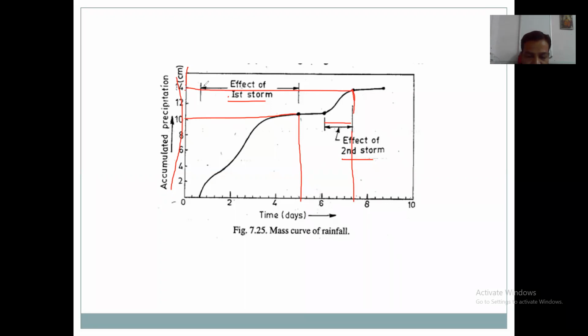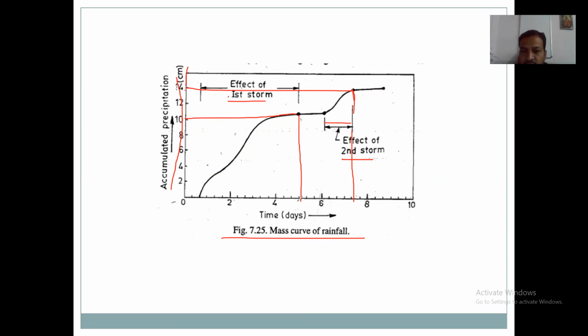The depth of rainfall is 14 centimeter. Okay. So in this way, the curve is plotted in between accumulated precipitation and time in days. That curve is known as mass curve of rainfall. समजला mass curve of rainfall.